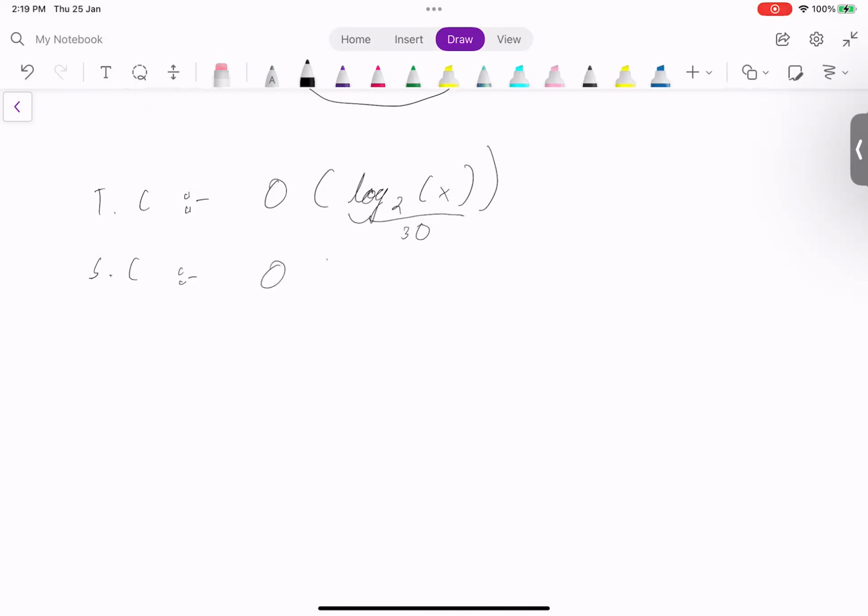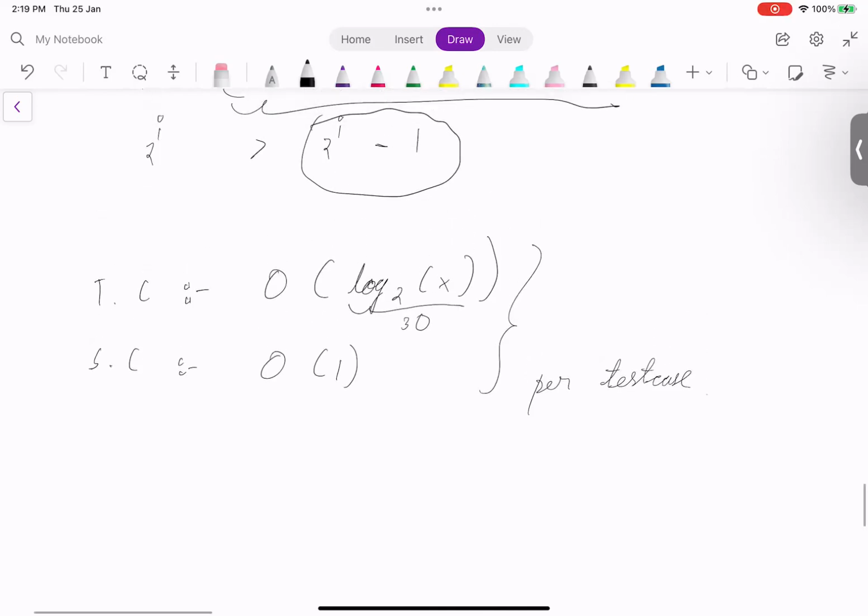And space complexity will be big O of 1. All these are per test case. So this way we can solve the problem.